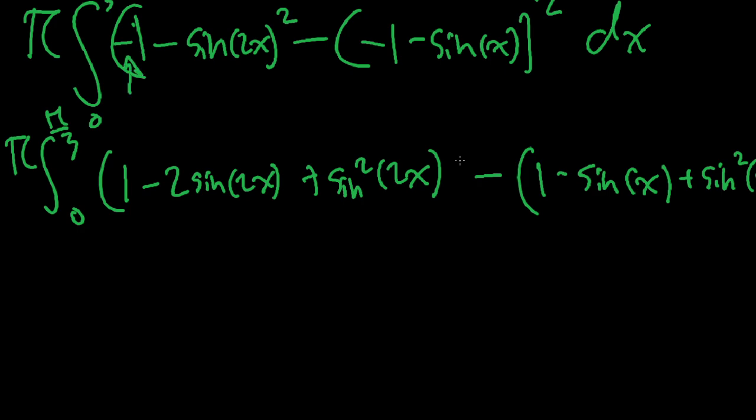So -1 squared is 1, -1 times negative sine 2x is sine of 2x, which means that -1 times minus sine of x is sine x, which means that this would be a plus. Because there's two negatives, I guess they cancel out. So since this one is literally the same thing, except it's just sine of x instead of sine of 2x, it follows the same rule.